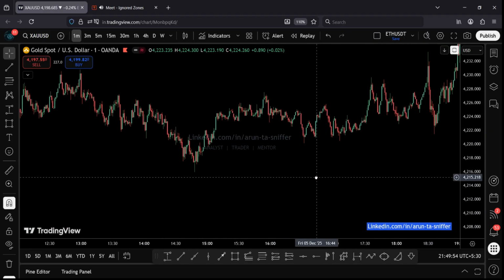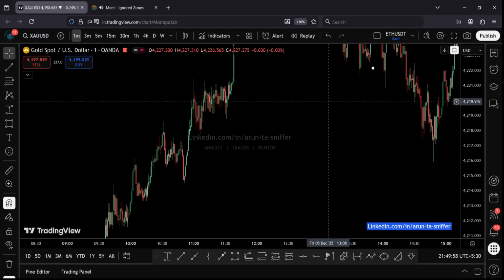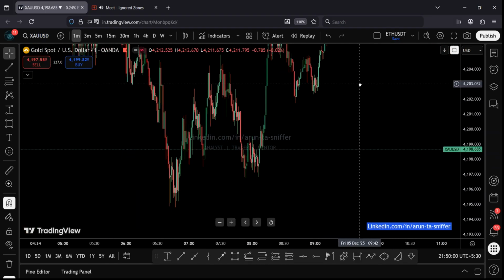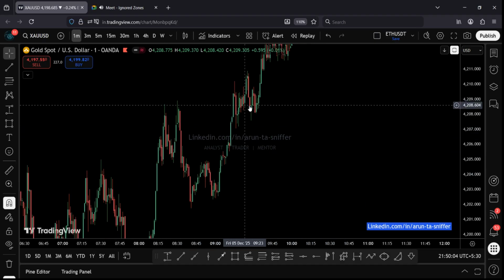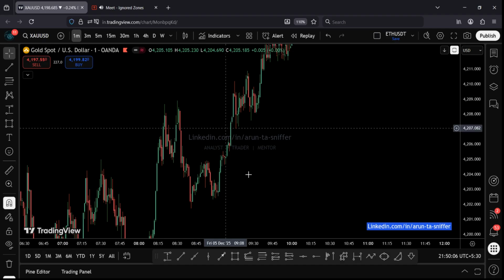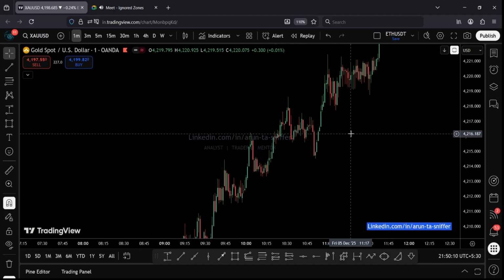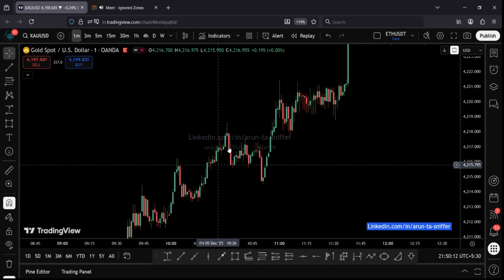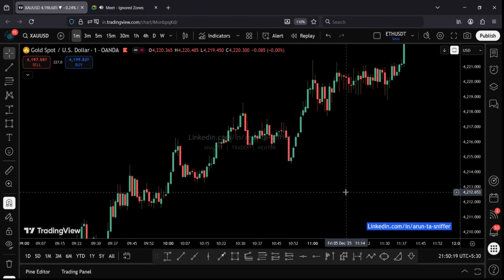Ignored QM zone. This is also an example, but not that much clear. Another example is here. This QM, price goes up, reacts to this zone like this.